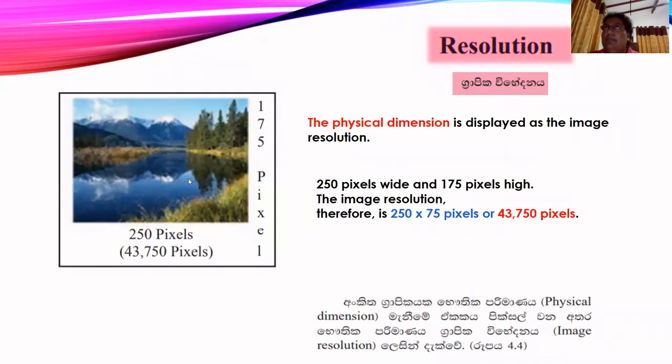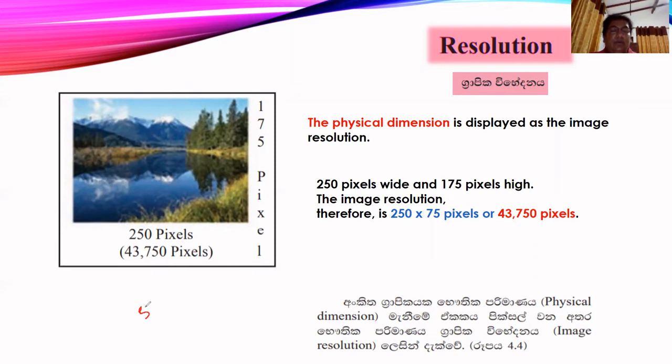So sometimes they can give you a question like this. There is an image, 1 inch. Take a simple example, 5 pixels per inch, right? They have given you 5 pixels per inch.